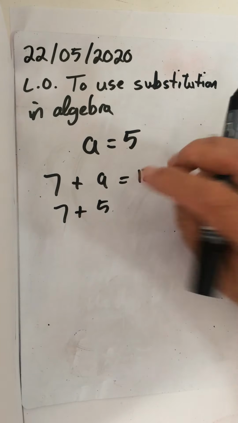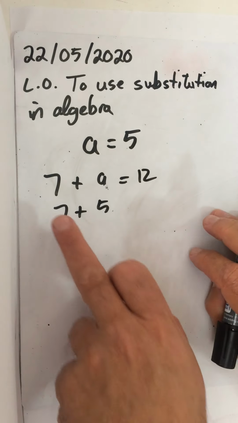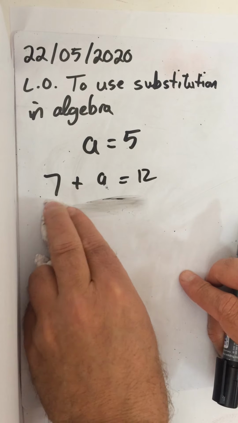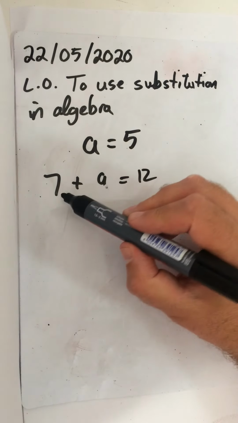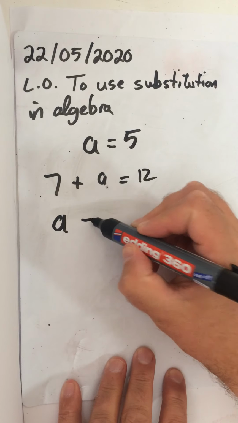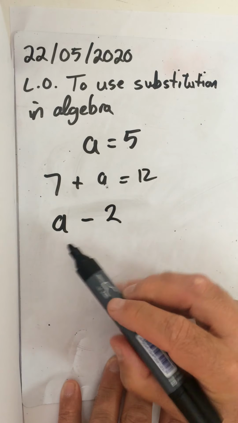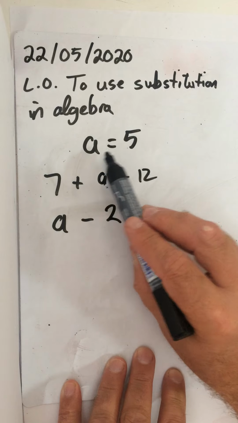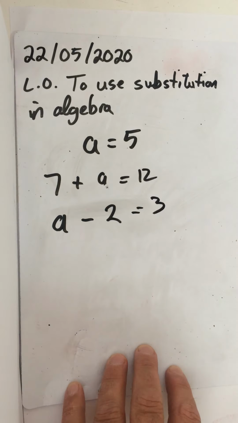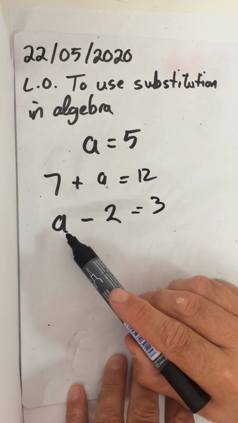You're substituting, as the name suggests, the letter with the number, okay? If you had a take away 2, well, a equals 5, so it's 5 take away 2 is 3.